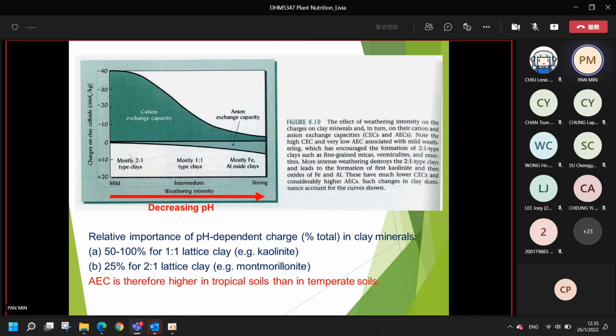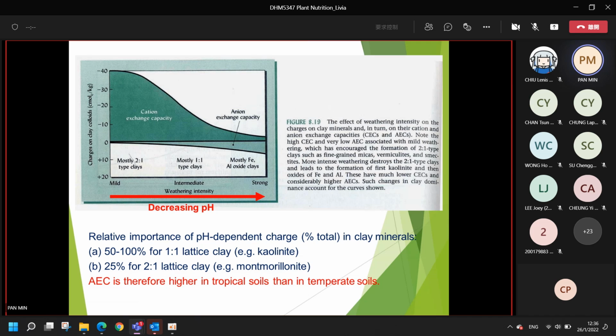And here you can see the effect of weathering intensity and decreasing pH on the charge of the clay minerals. With more oxide clays, more binding sites are provided to the anion.